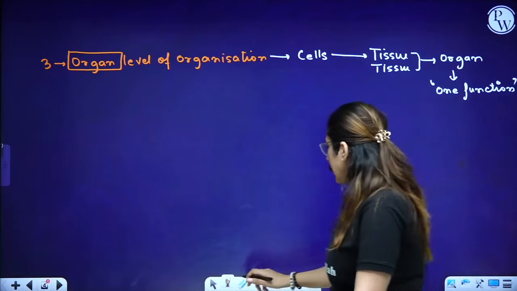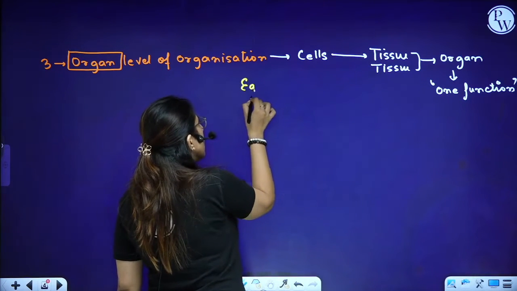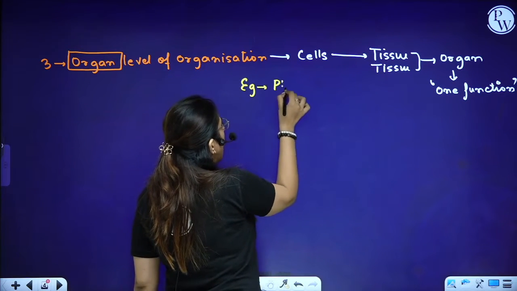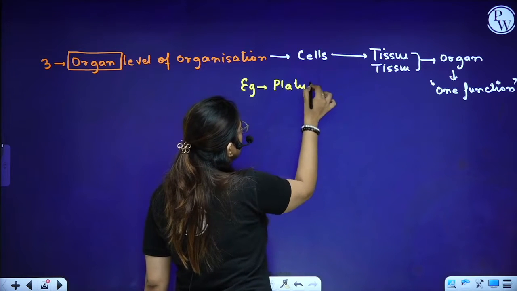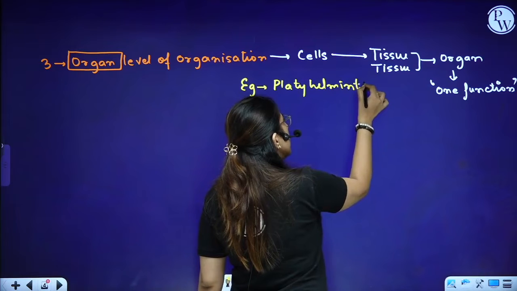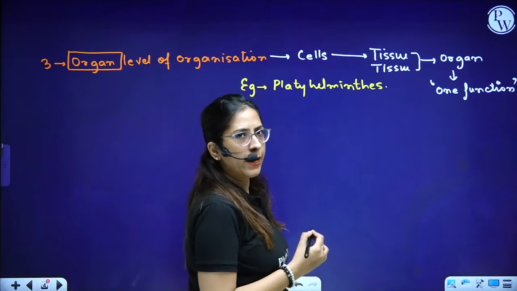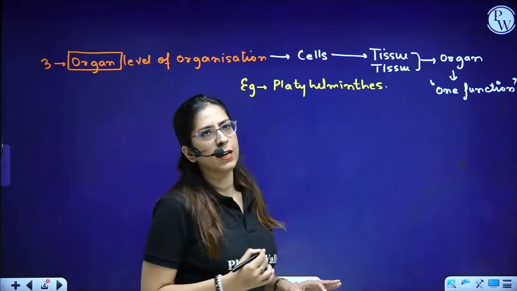Now your NCERT says the example in this case is, for example, the platyhelminthes, and other phyla. Now platyhelminthes, they are what?